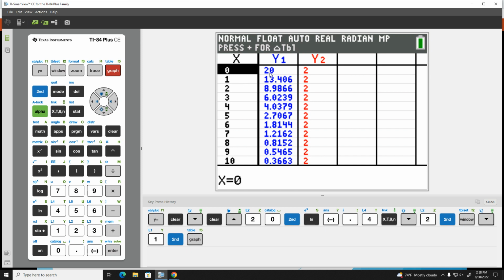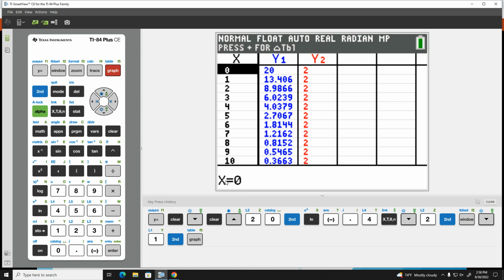So I see here that the number of milligrams started at 20 and is dropping rather rapidly. And sometime between the 5th and 6th hour, it goes from more than 2 to less than 2. I'm going to make my graph go up to 10 so that I see that answer, which is somewhere between the 5th and 6th hour, and I see beyond that.